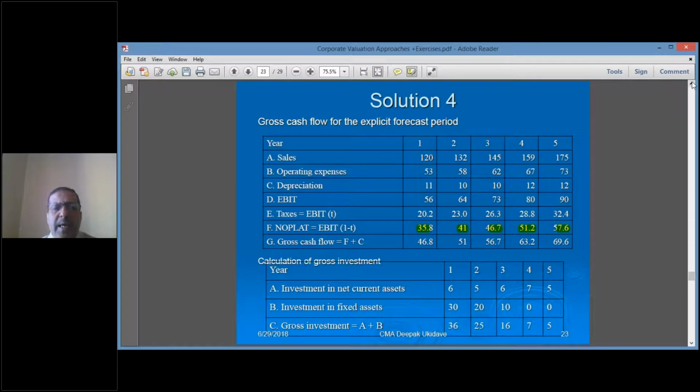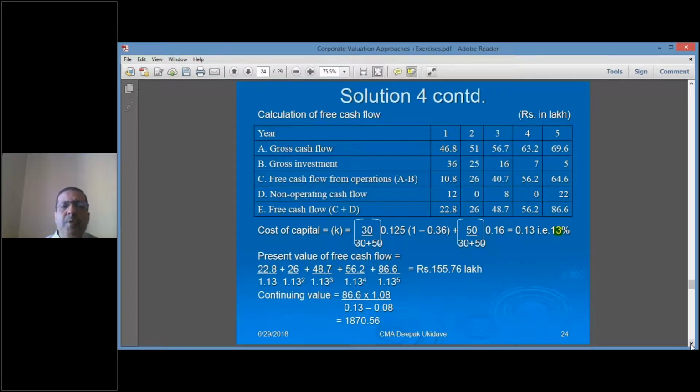See earlier slide, this what you got, cash flow after tax, gross cash flow minus gross investment is cash flow after tax. You have to title something, no? So that is free cash flow from operations. Non-operating cash flow, which is given, I have added, and I got free cash flow, not from operations but in general. So 22.8, 26, 48.7, 56.2 and 86.6.